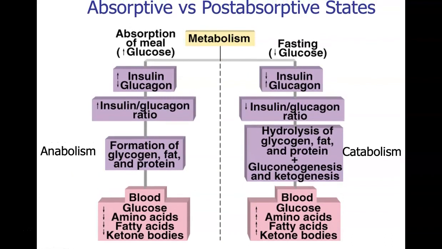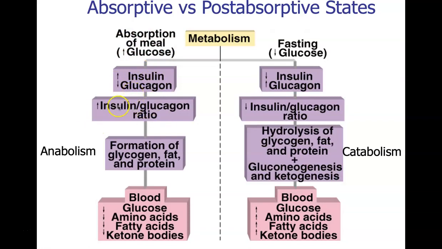Okay. So we talk about glucose. We talk about being in an absorptive or post-absorptive state, because how your body's reacting differs based on when you've encountered that glucose. Okay. So the absorptive state of metabolism is when you're absorbing a meal. So you have an increase in blood glucose. That stimulates insulin production, inhibits glucagon production.